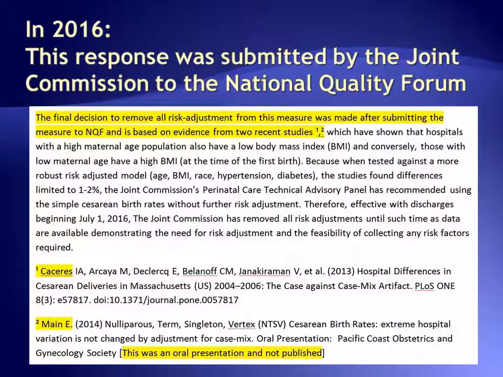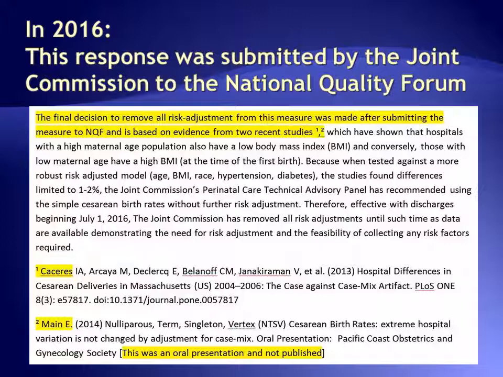In 2016, Dr. Main was on the Joint Commission's Perinatal Care Technical Advisory Panel, and as the developer of their Cesarean Birth Measure, provided this response to the National Quality Forum when I questioned the removal of the risk adjustment from Cesarean Birth Measure PC02. Once again, we see that Dr. Main makes the incredible claim that maternal BMI cancels out the effect of maternal age based on the findings of only 2 studies.